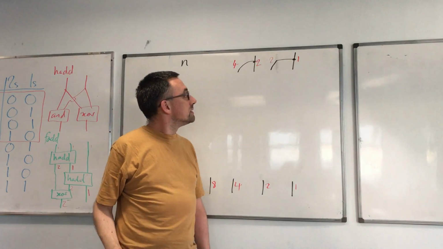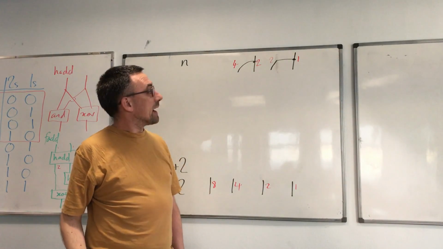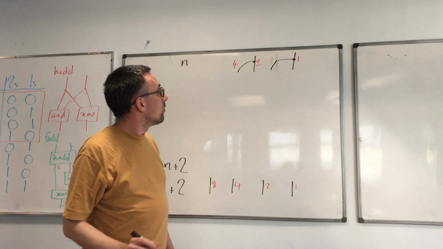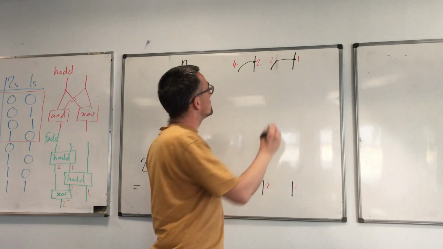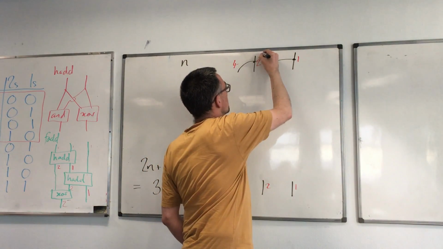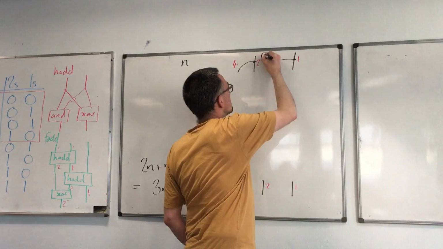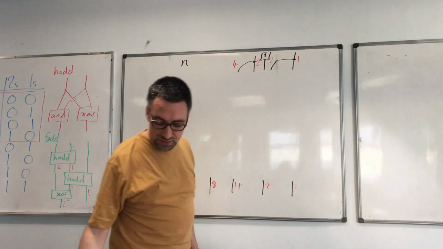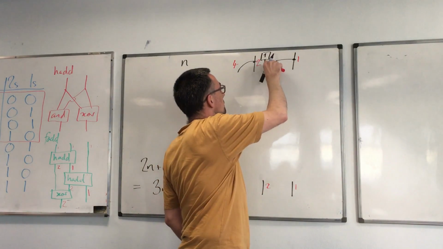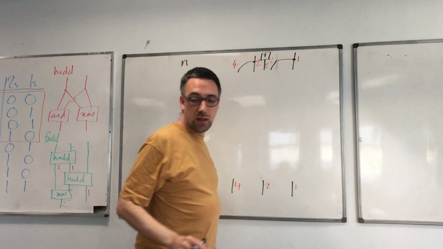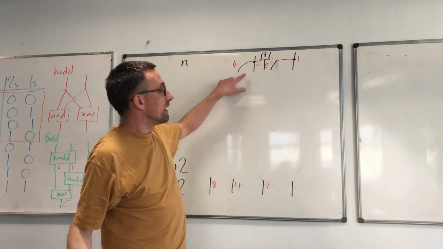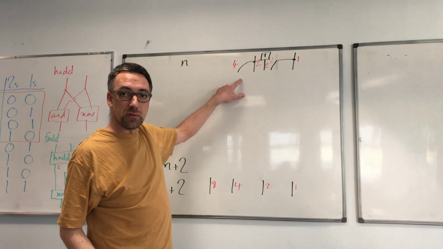And now we need to add an extra 2. One way to do that is simply to introduce a constant 1 signal also at place value 2. And now we have all of the things that we need to add up.